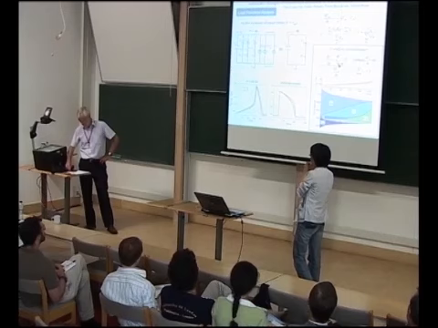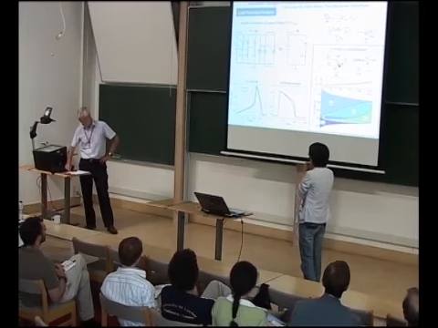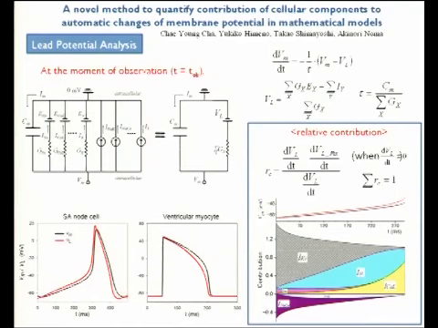We calculate the lead potential during the action potential in SA cell and ventricular myocytes of the Kyoto model, and because the change of Vm is attributable to the change of VL, we define the automaticity of Vm with dVL/dt.